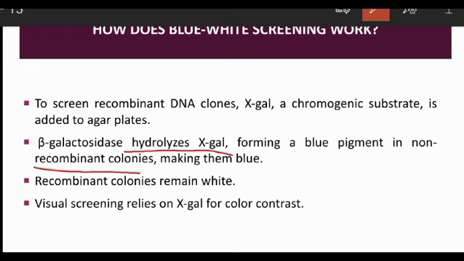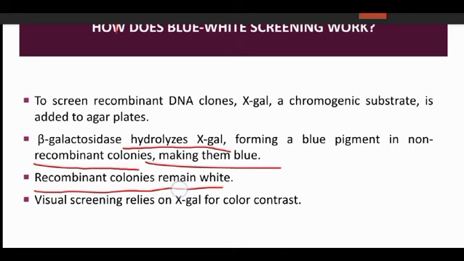As a result, the non-recombinant colonies will appear blue, whereas the recombinant colonies will remain white because the lacZ gene in recombinant colonies has become disrupted and the beta-galactosidase has not been produced. As a result, the colonies remain white because the X-gal has not been hydrolyzed. So the colonies will appear white. Visual screening relies on X-gal for color contrast.